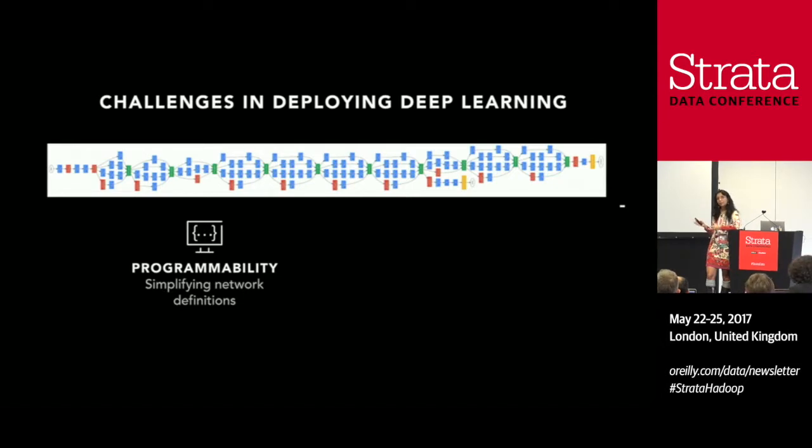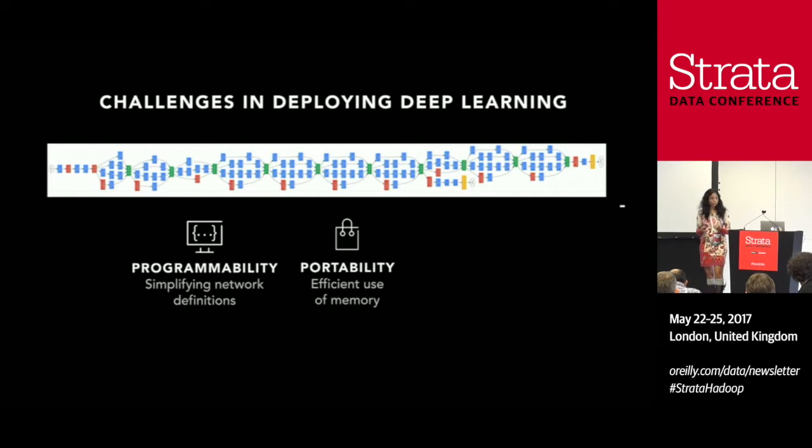So you'd like a software package that has good programmability features, meaning it has efficient primitives and simplifying network definitions, and a flexible programming environment that lets you decide on how you want to enable these networks. The second one, as I said, is portability. Ideally, you would like the same piece of code to be run on different platforms, different devices, right, and be able to have efficient use of memory enabled.